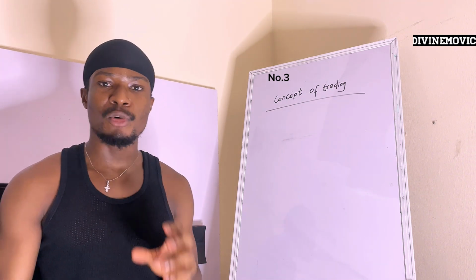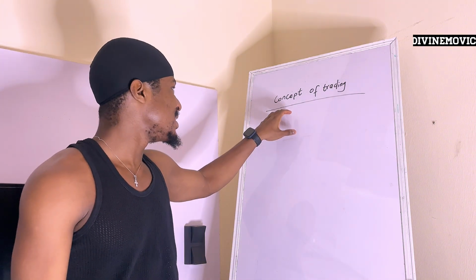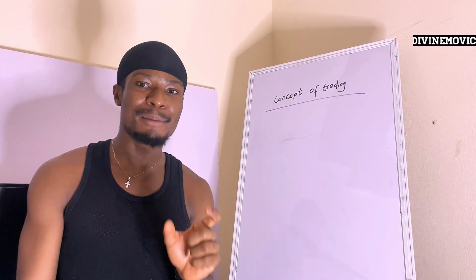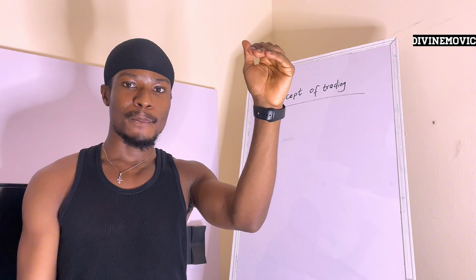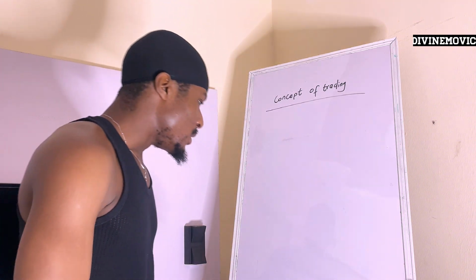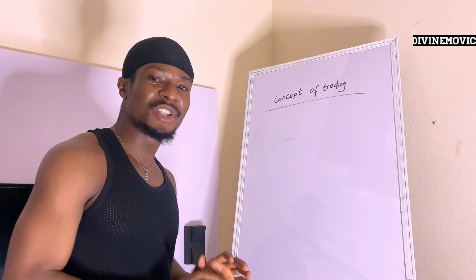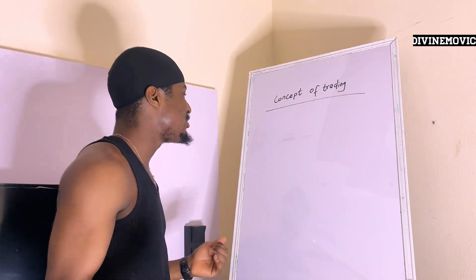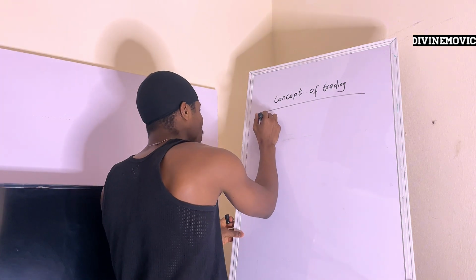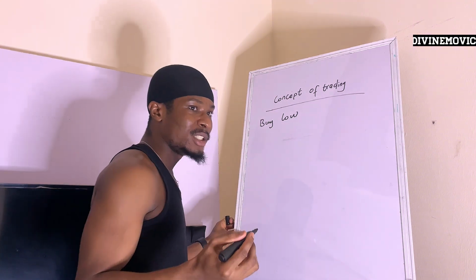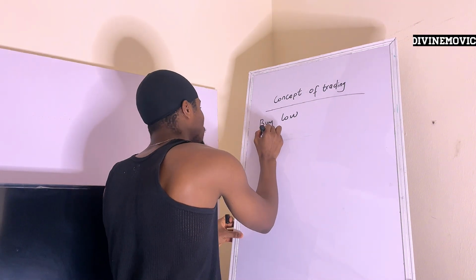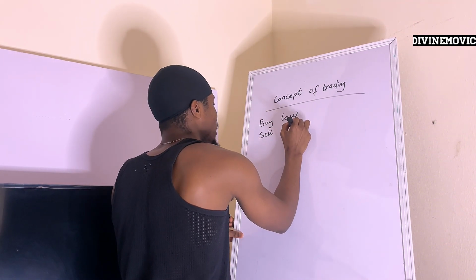And for you to be able to make money, you simply need to understand a particular concept of buying at a low and selling at a high. That means the whole concept of trading is to be able to identify the point you can buy from a low and the point you can sell from a high.